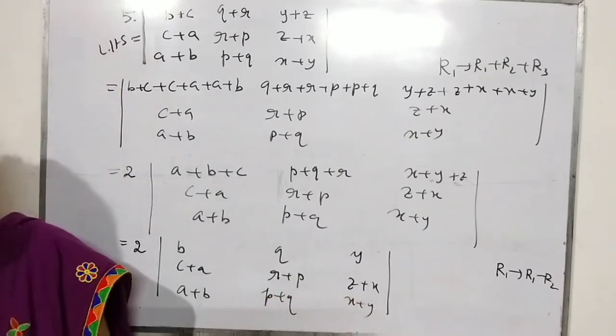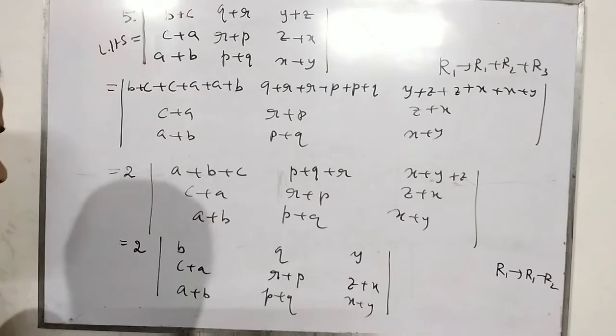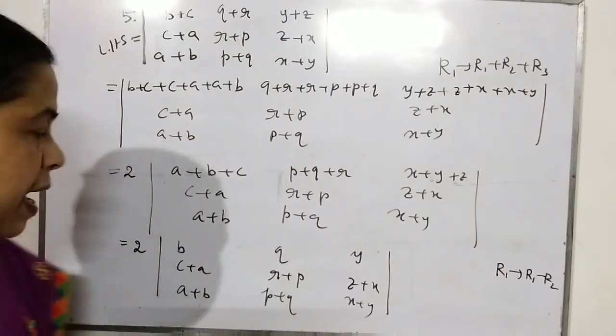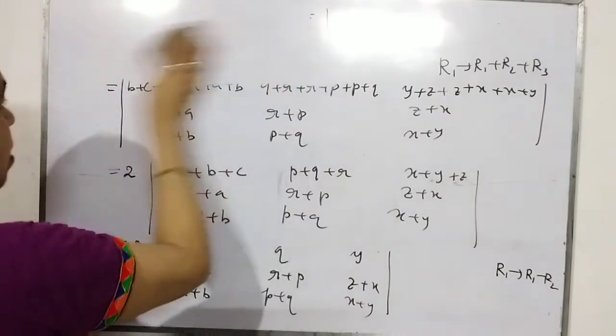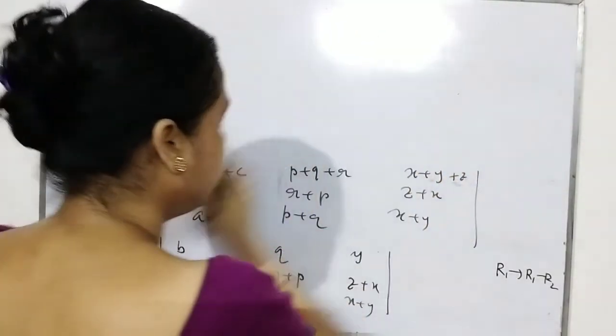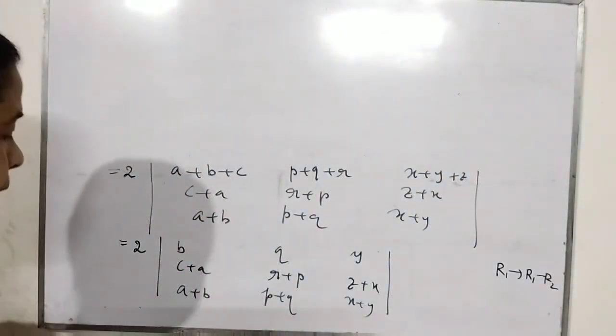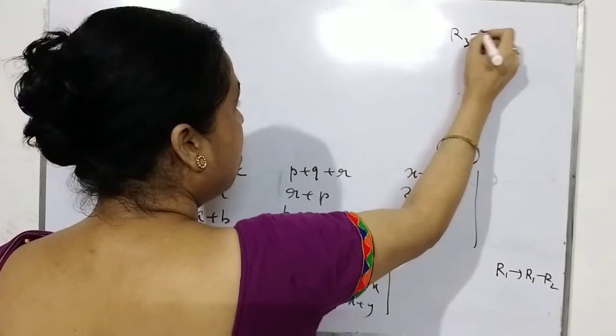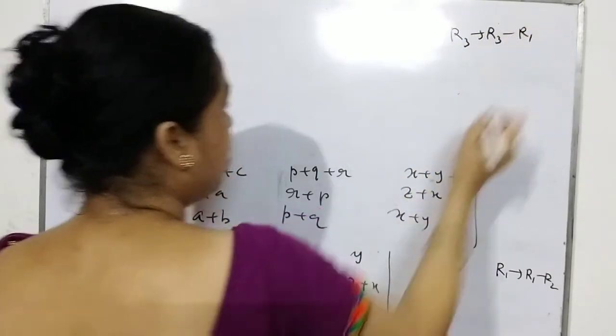After this also, if I subtract row 1 from row 3, A plus B minus B, this is P plus Q minus Q, one element just you see. You will understand what you have to do. Okay, so what I am going to do now, you don't have to change row 1 because row 1 is in your required form. Now, I will replace row 3 by row 3 minus row 1.